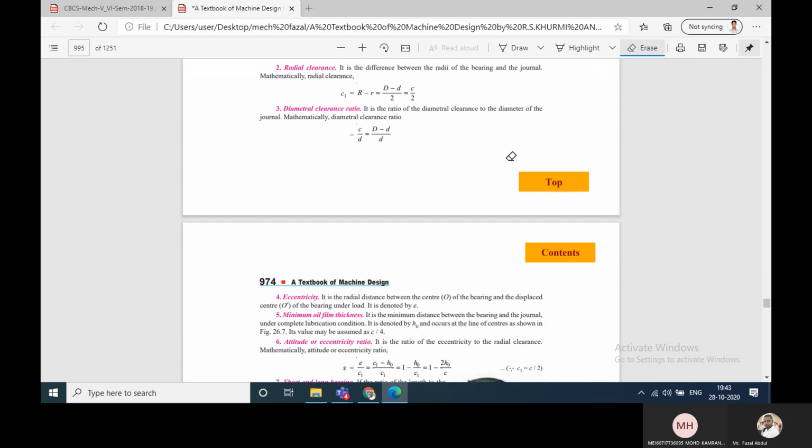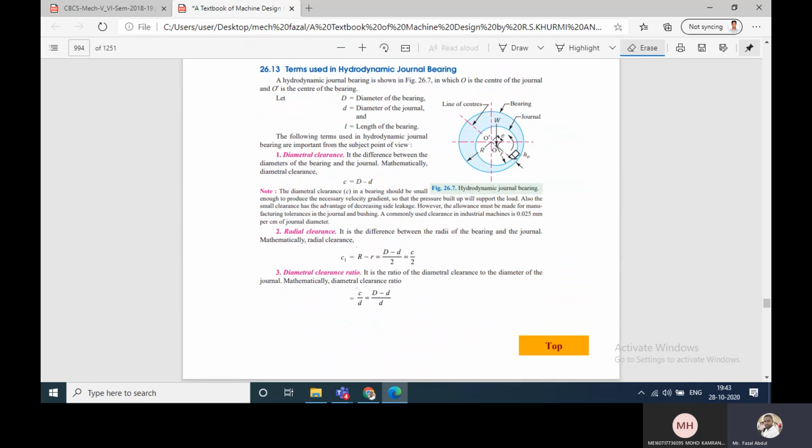And minimum oil film thickness. Minimum oil film thickness is nothing but, in this diagram, where you find the minimum thickness between the mating parts, that is the minimum oil film thickness, because at this region only you can find the thickness of the film is very less. Here the thickness of the film is very large, here also somewhat larger than this one, but only a small portion of thickness you can find here.